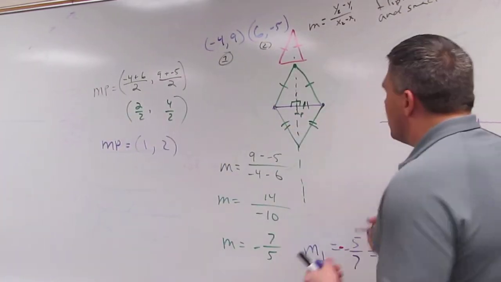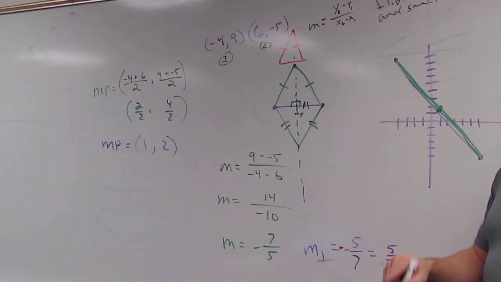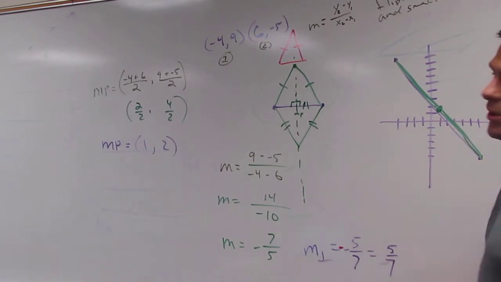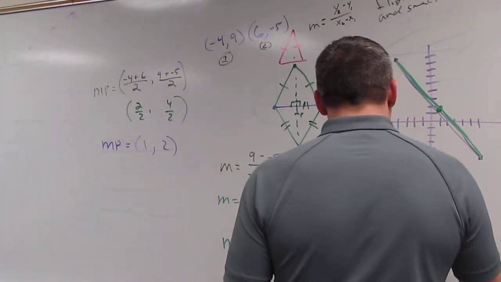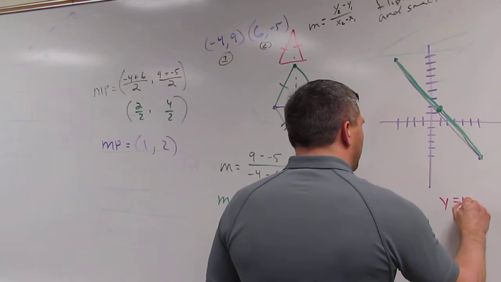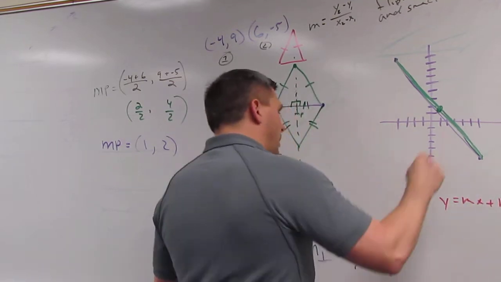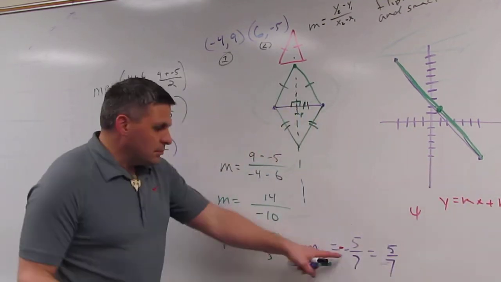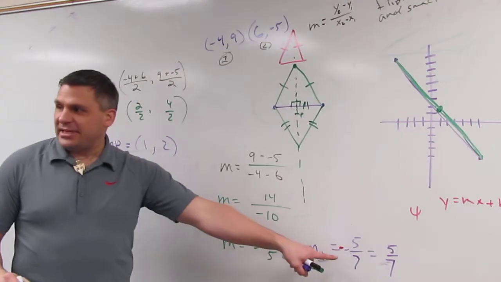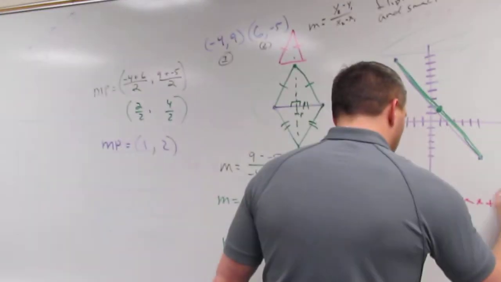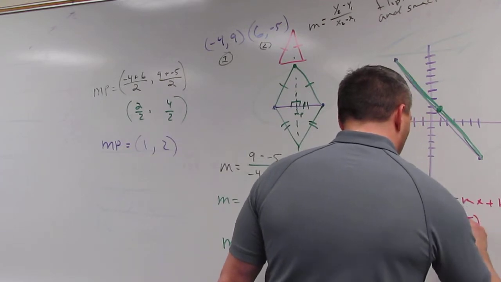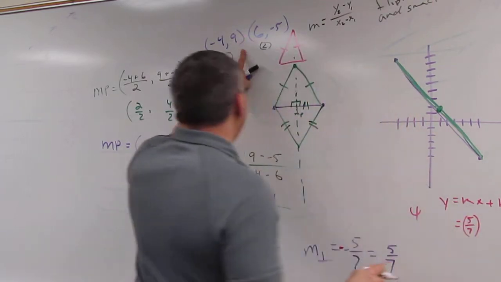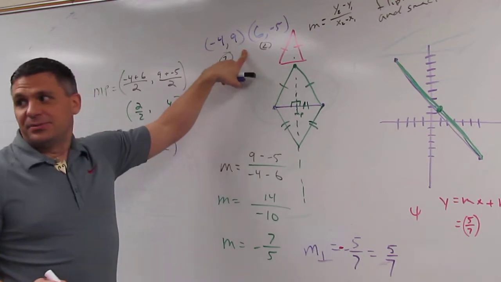But we need to find a line so that we can find a point on the line. Right? So I need to find a line, so I have to have y equals mx plus b, where m is equal to 5/7. x is equal to one of these, and y is equal to one of these.